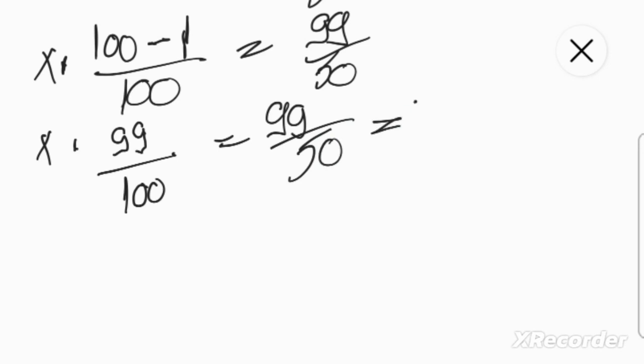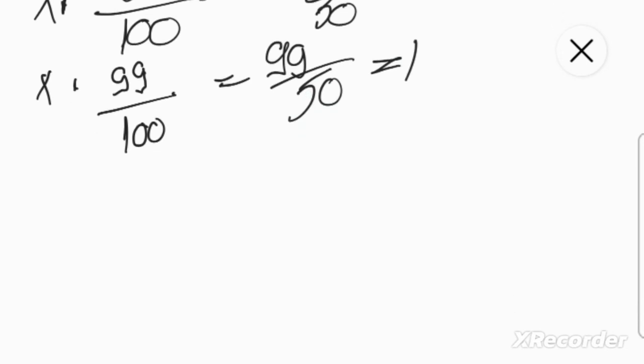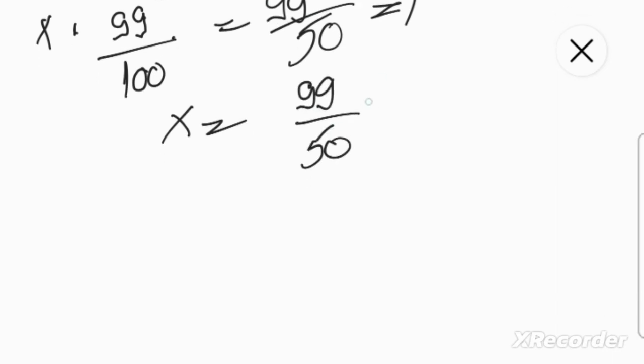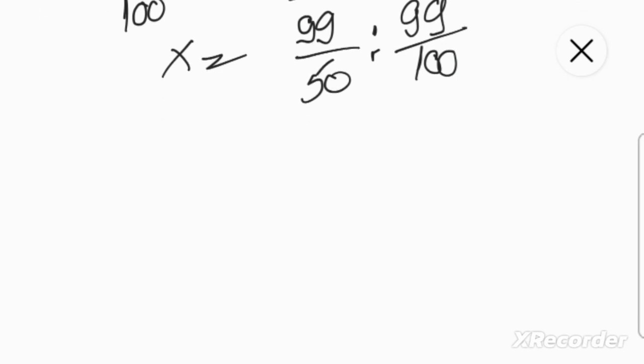So it results that x equals 99 over 50 divided by 99 over 100. So how do we do a division of fractions?